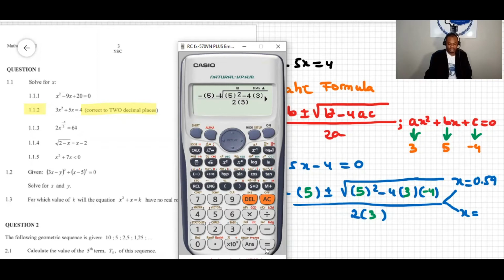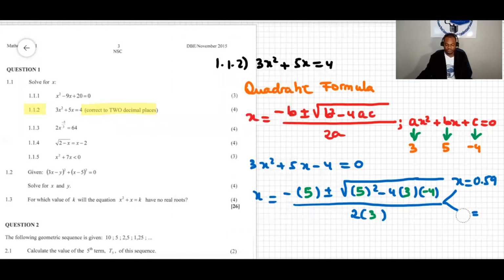Now when you press equals, and then we can just press SD. Now it's -2.257. The third decimal place is 7, and because 7 is more than 5, we increase the 5 here by 1 unit. So this will make -2.26. So x will be -2.26. So these are the solutions.